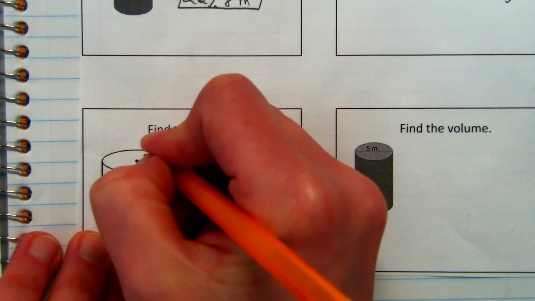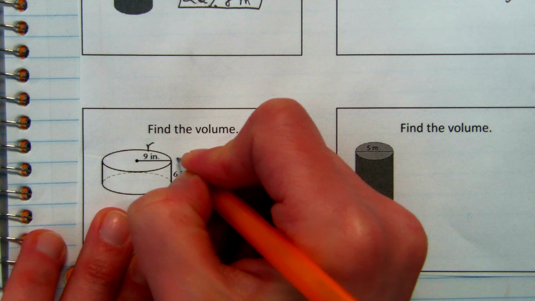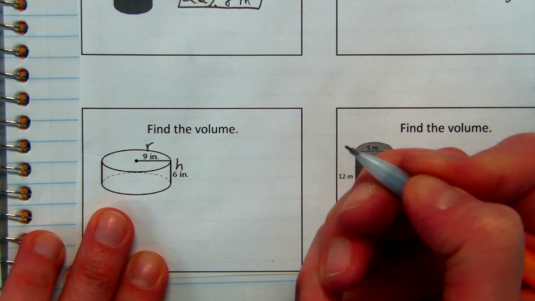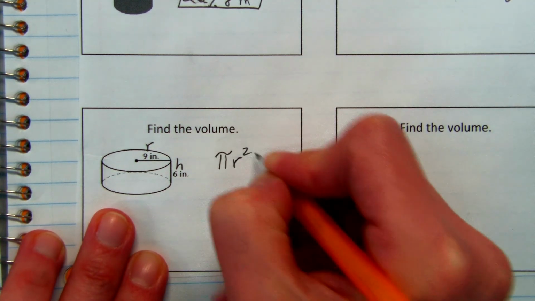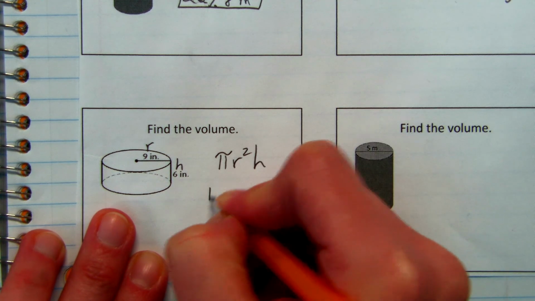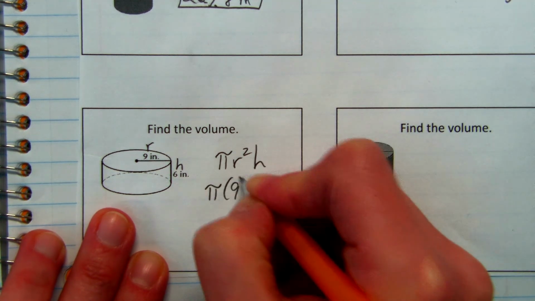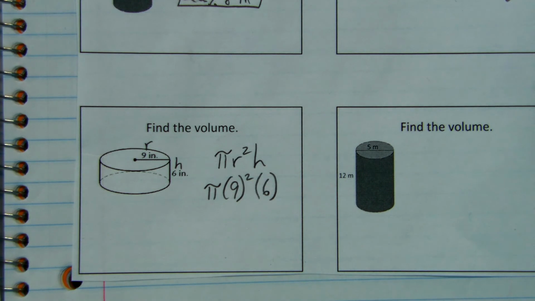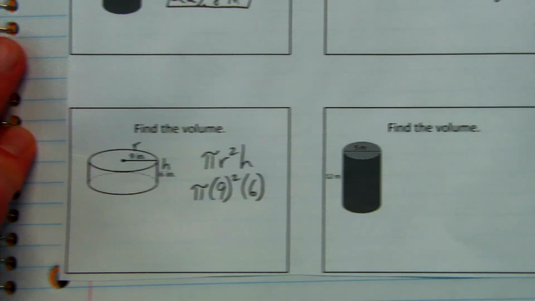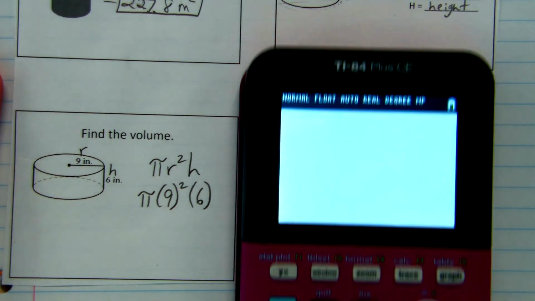So my radius is 9, and my height is 6. So I literally just need to do pi r squared h. So that'd be pi times 9 squared times 6. And you don't have to use parentheses. I just like to do that to show how I put the numbers in.